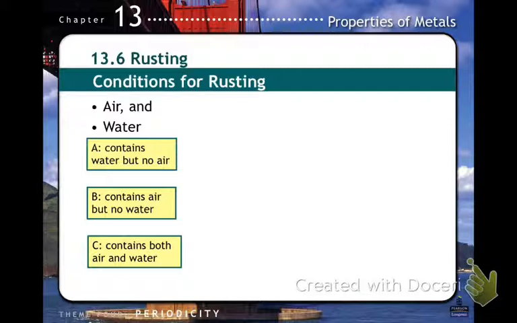If it contains water but no air, most likely it won't rust. So A, B, and C also contribute to rusting, but A and B to a lesser degree. C obviously is the full-blown requirement for rusting.